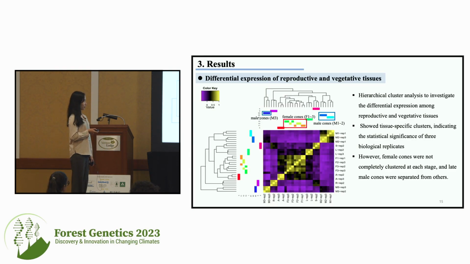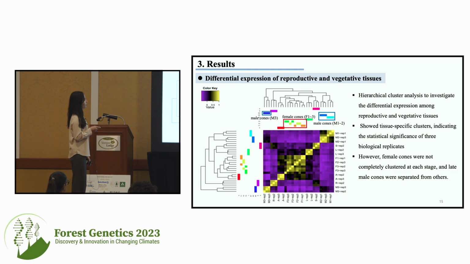Hierarchical cluster analysis was conducted to investigate the differential expression among reproductive and vegetative tissues. This analysis showed tissue-specific clusters, indicating the statistical significance of 3 biological replicates.